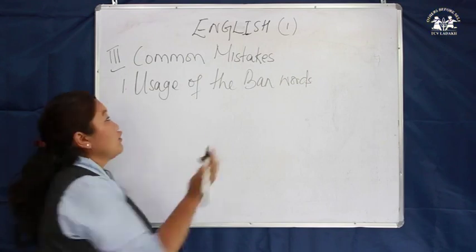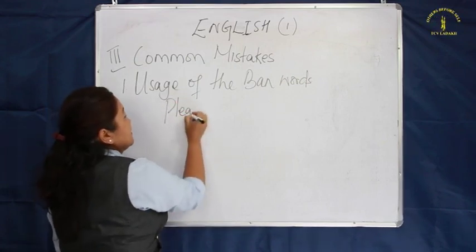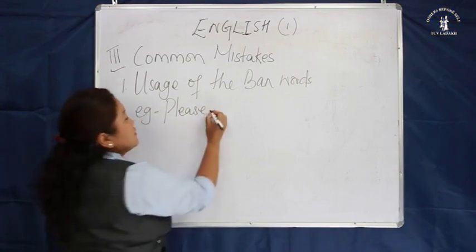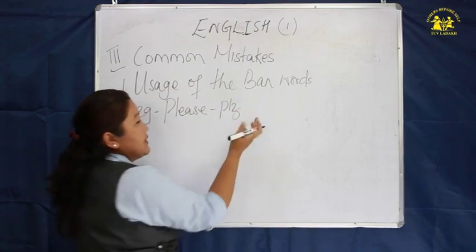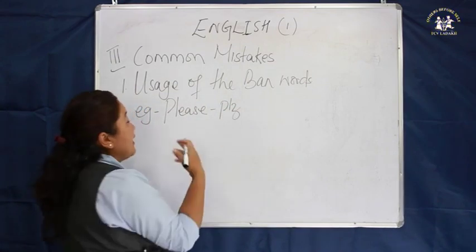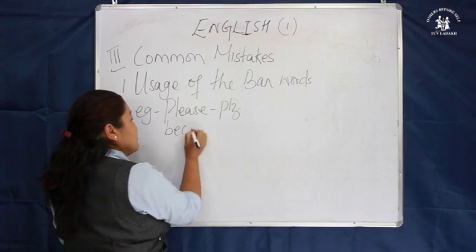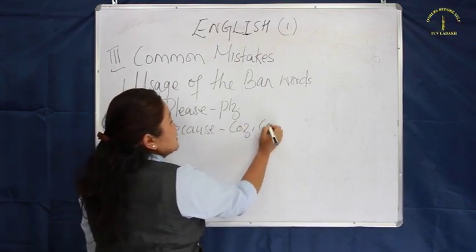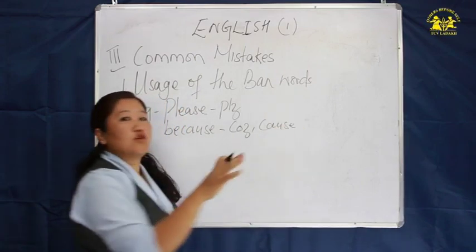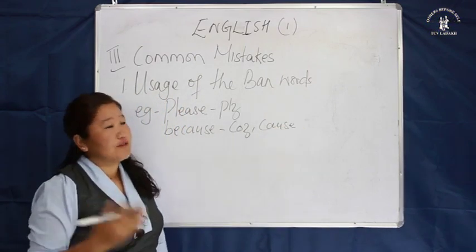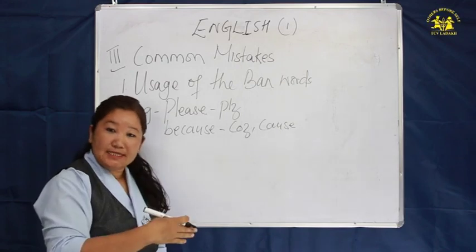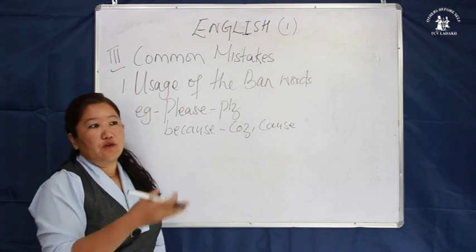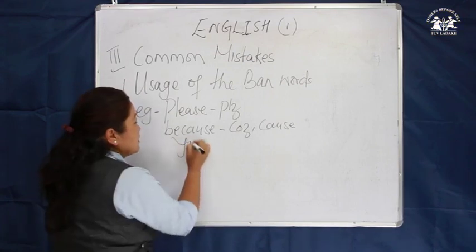For example, for please, most of our students write PLZ, PLS, and so on, right? And for because, that is mostly used by our students. For because, some write cos, some write coz, and your own way of writing. That's completely wrong. There are so many words, like for friend, some students write FRD, and for your, for example, UR.